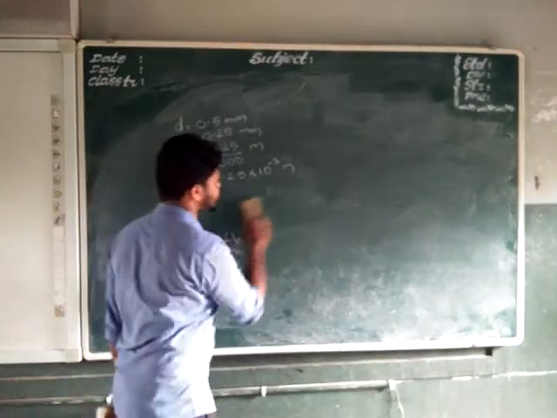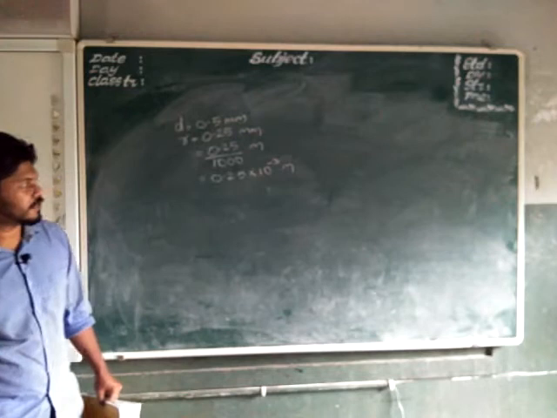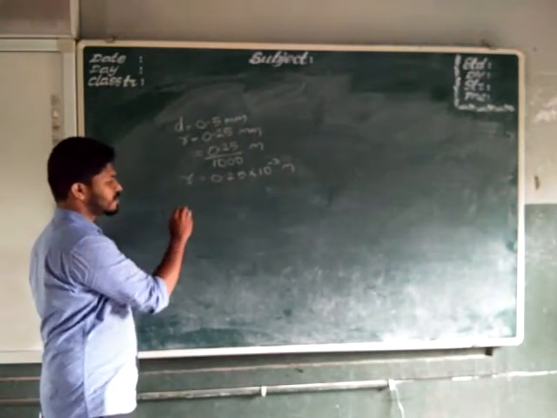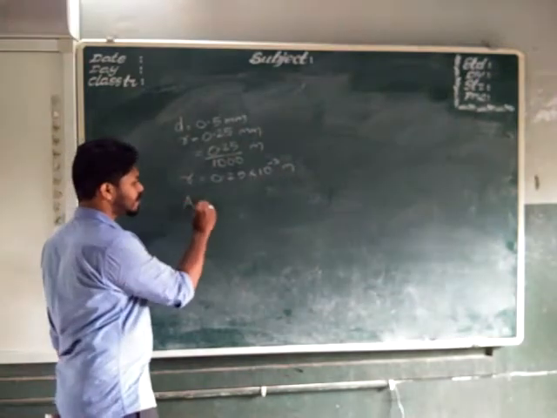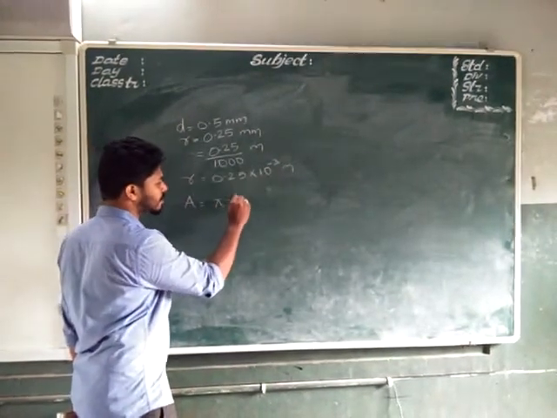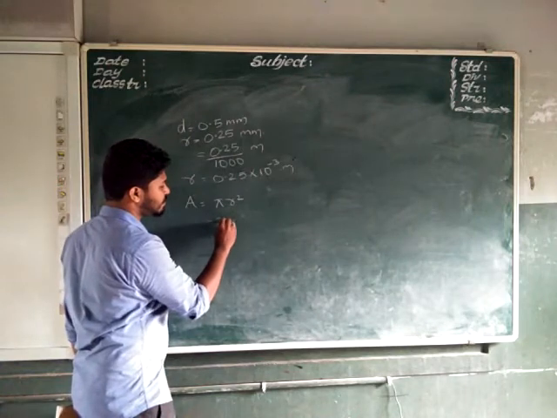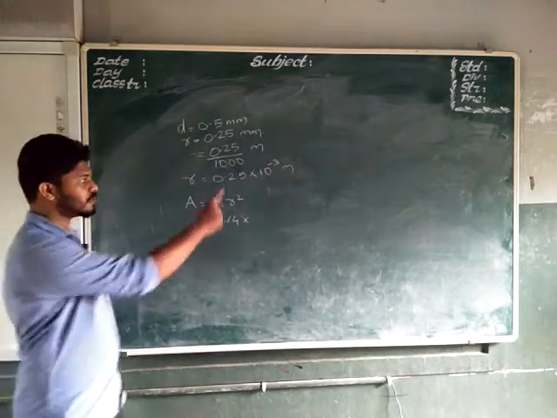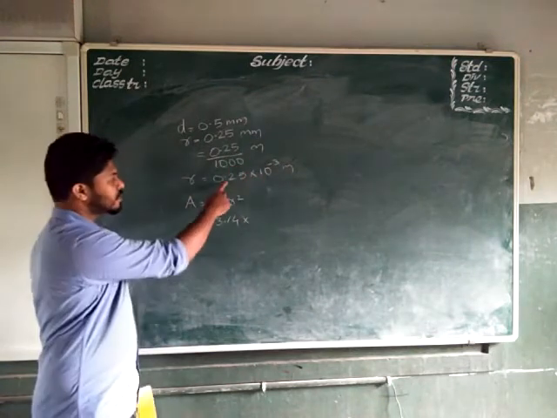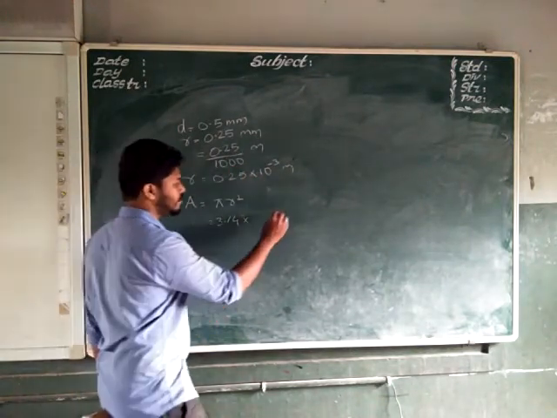Okay, right. Now, we have obtained the radius. Why do we obtain the radius in such a case? For finding area, A is equal to pi r square, which is equal to 3.14 into r square. R square means I have to take the square of this one and this one. Square of 25 is 625.